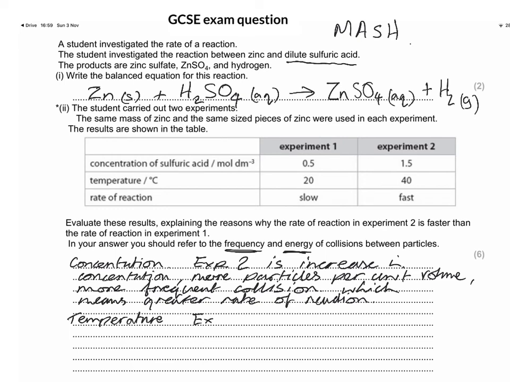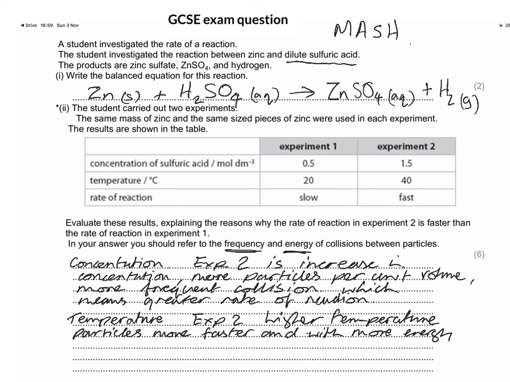And then temperature. In experiment 2, higher temperature means particles move faster and with more energy.